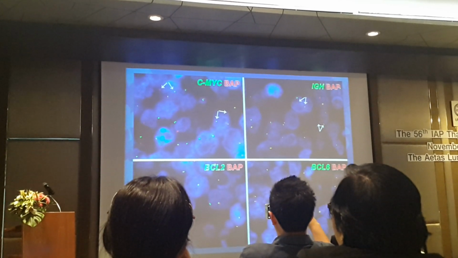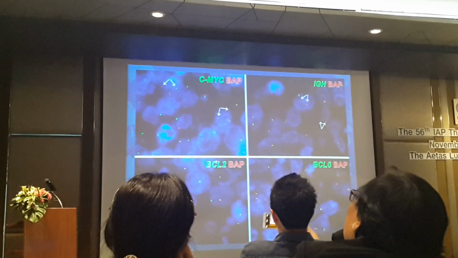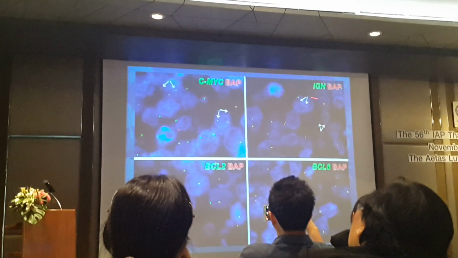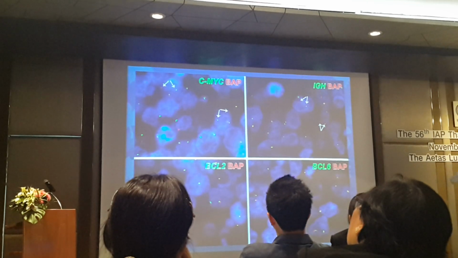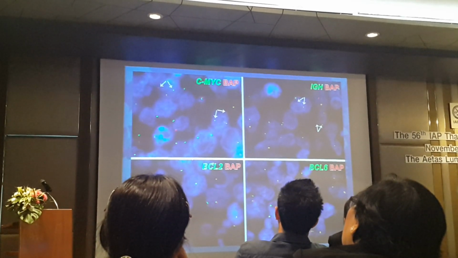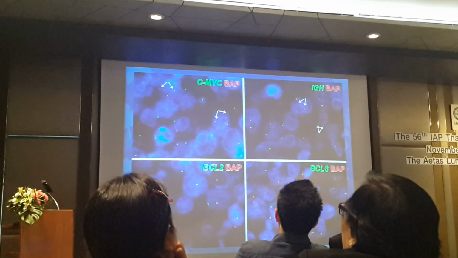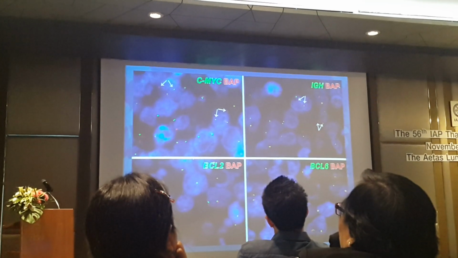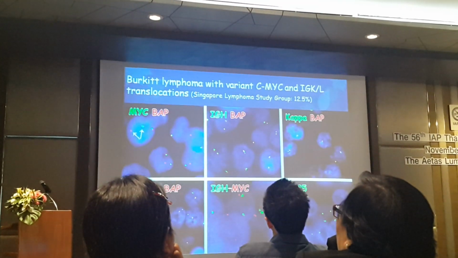That's a double or triple hit lymphoma, which we'll talk about later on. Similarly, if c-MYC is translocated to a non-immunoglobulin gene, that is again not a Burkitt lymphoma. So even with FISH, you have to keep in mind what probes you use, and of course there's a cost element there. So I know that many times we don't do FISH.